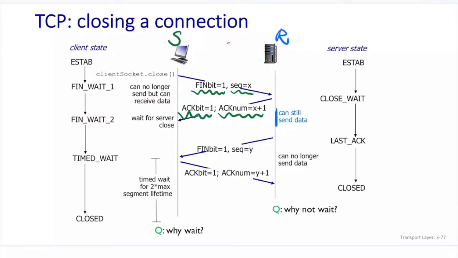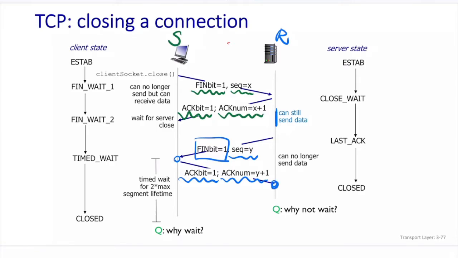So R can still send data from the right hand side to the left hand side until the right hand side server would like to terminate the communication, and then it will send a packet with the FIN bit set, and let's assume the current sequence number is Y. After that, S will ACK such a termination, and the next sequence number will be Y+1.